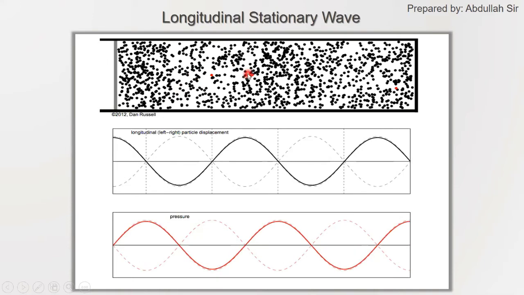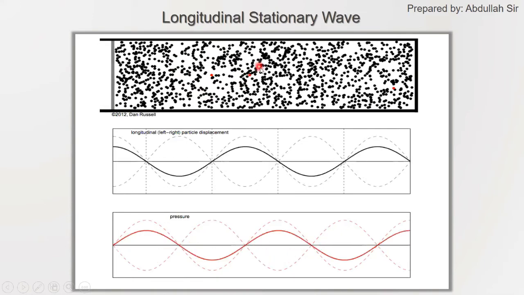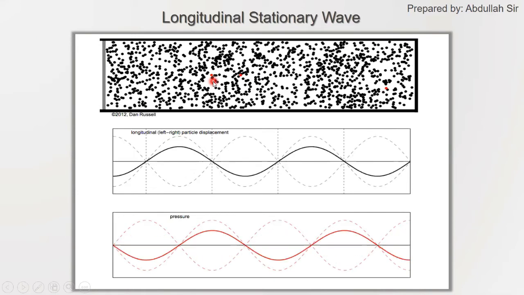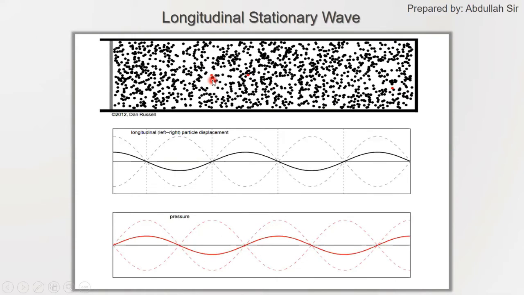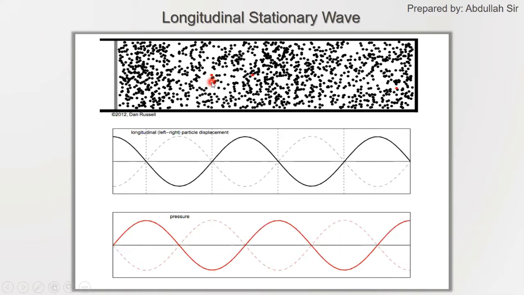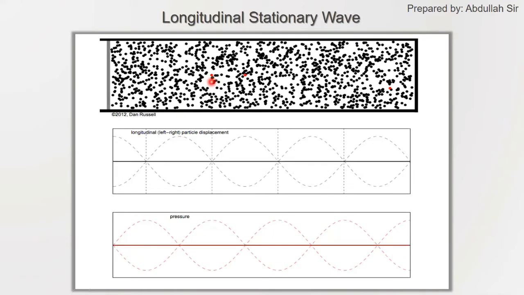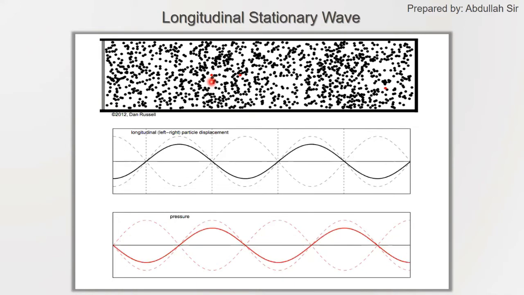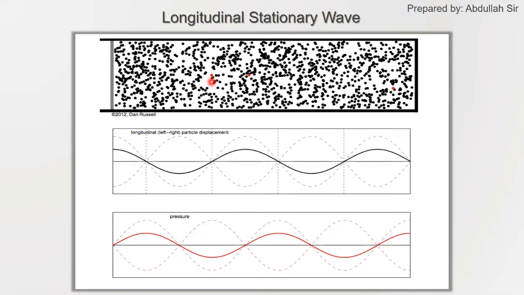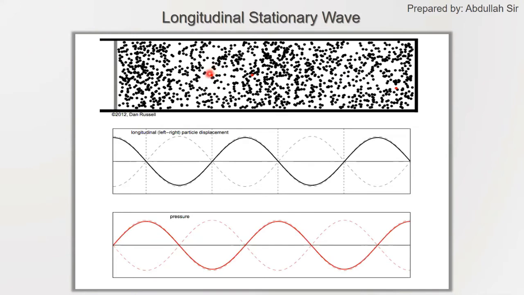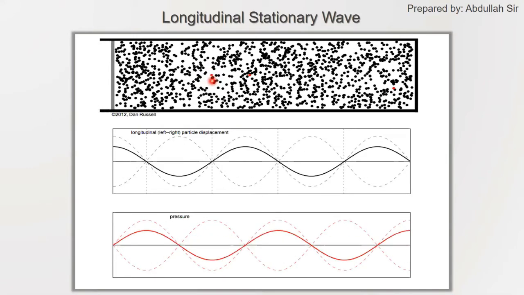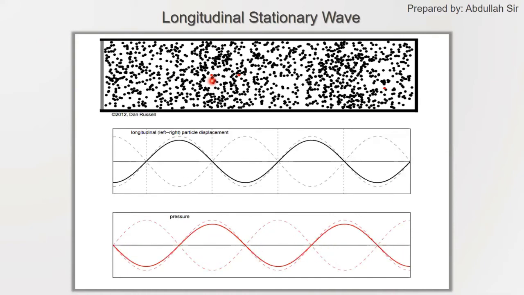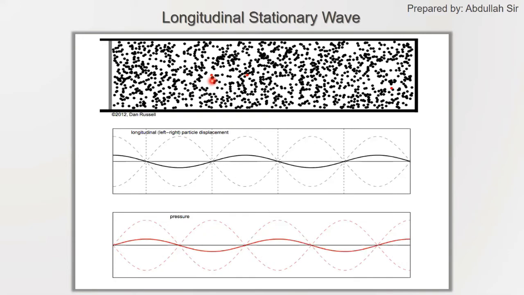If you look at this point, there is a small red dot, and this small red dot is not moving or displacing from its position. So we'll say that this red particle has minimum displacement, and if it has minimum displacement, it is called a node.